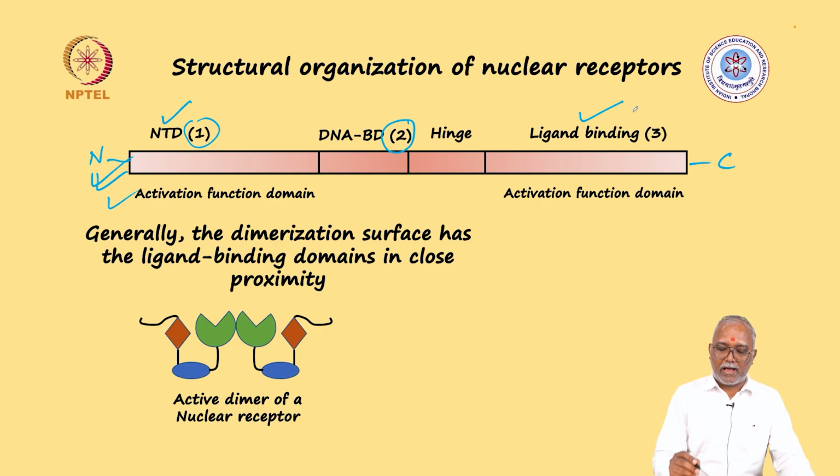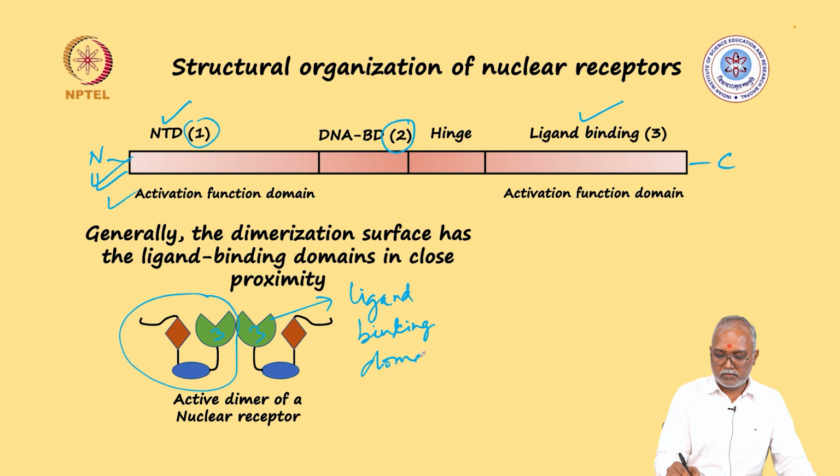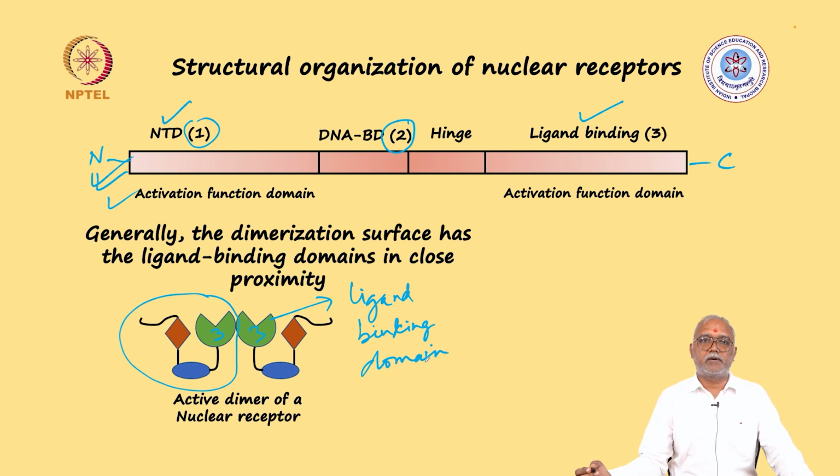So here the folding of the individual nuclear receptor is like this, and through domain 3, which is the ligand binding domain, it forms the dimer.